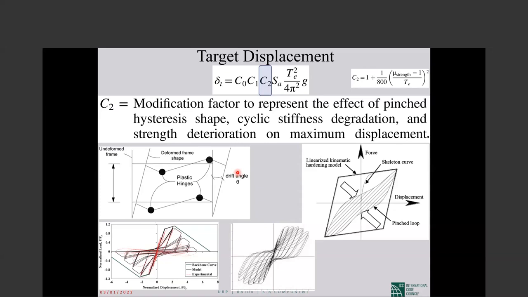For existing buildings, and interestingly enough, it depends on the period. See, it depends on the period too. So buildings that have a smaller period, their C2 is more than the buildings that have a larger period. Very, very interesting.